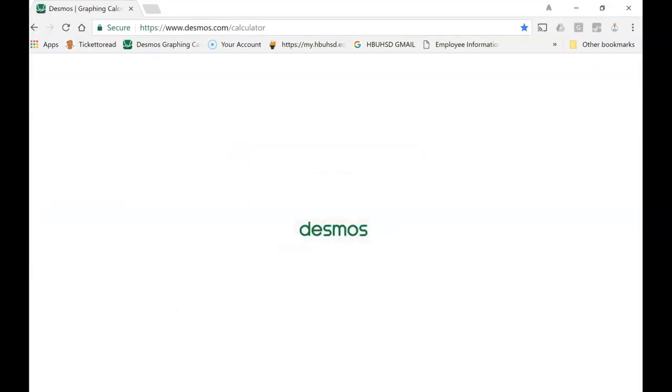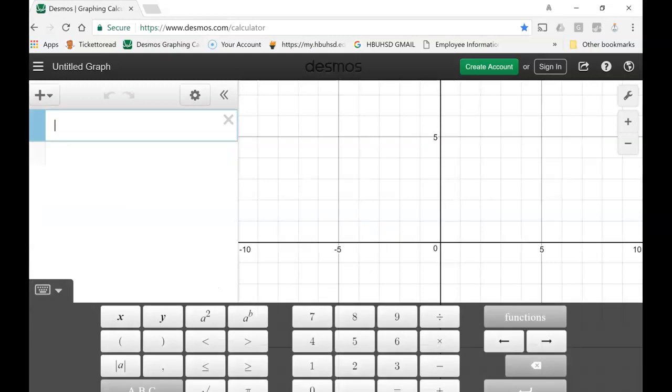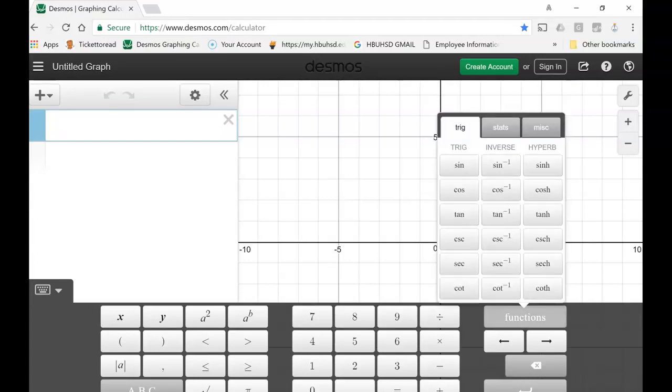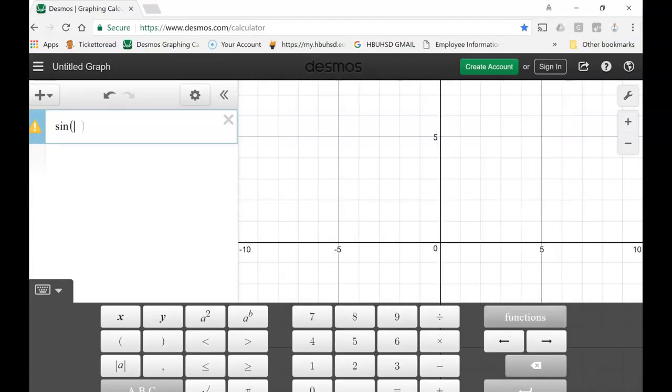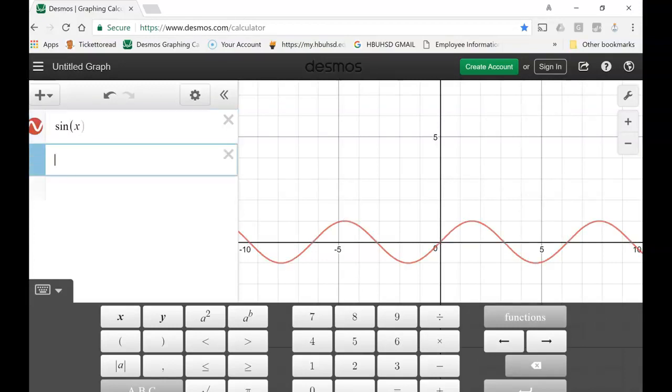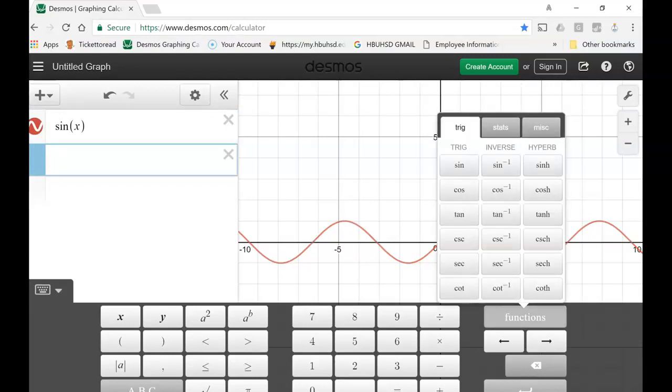I'm going to type in sine of x and cosine of x, and then you can tell me what's going on. So we are going to use the function sine of x, that will give you this beautiful piece. Next function, cosine of x.